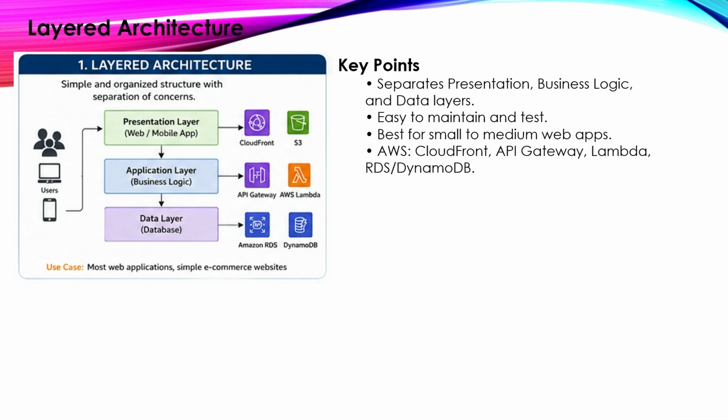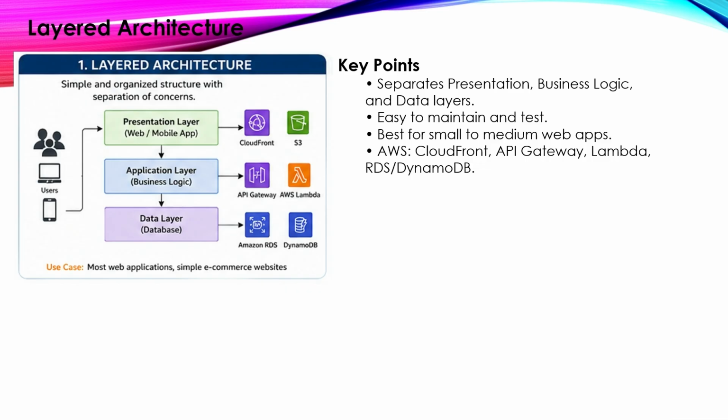Here you see the presentation layer: all the web-related files are hosted in Amazon S3, with CloudFront in front of the S3. Your HTML, CSS, JavaScript, and all that are stored in S3, and CloudFront on top of it serves your front end. On the business logic side, there is a Lambda function and an API Gateway, the serverless compute, and on the database side, Amazon RDS or DynamoDB.